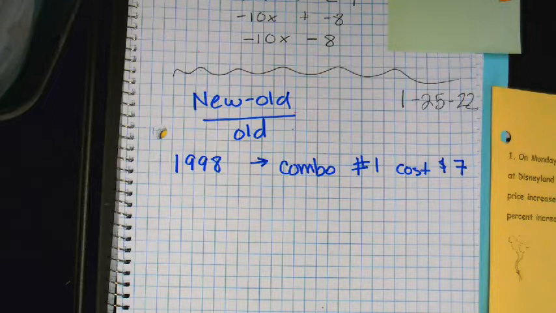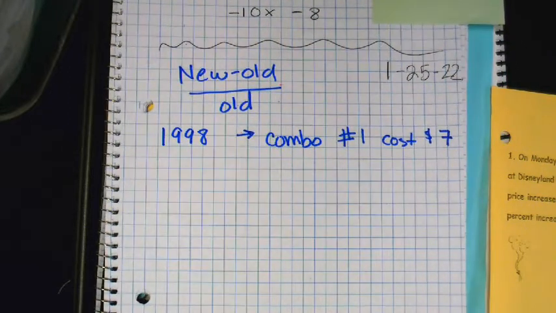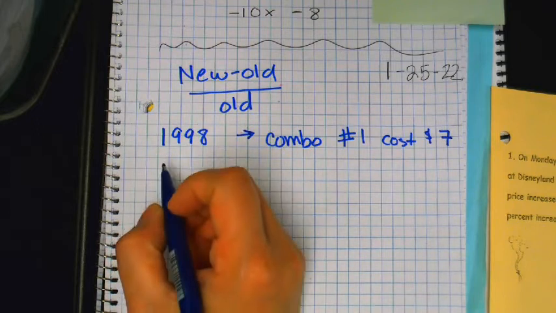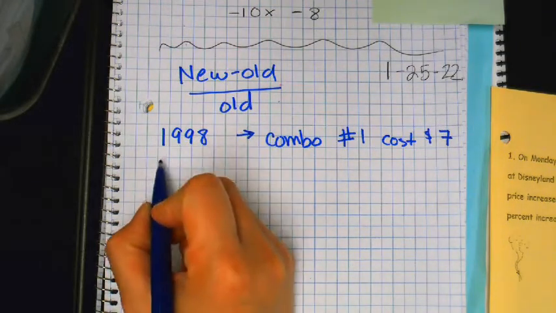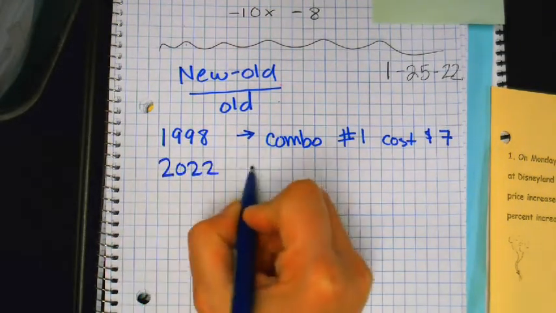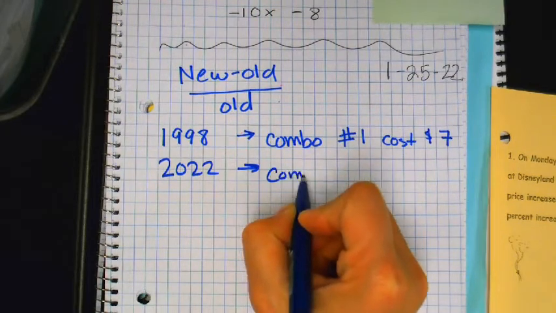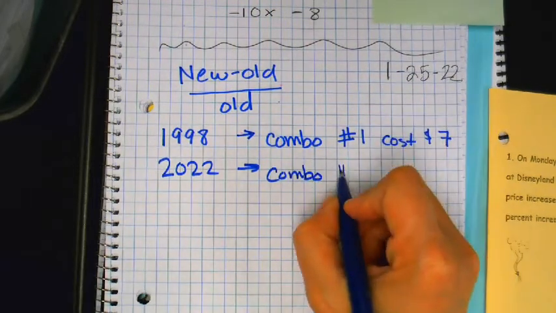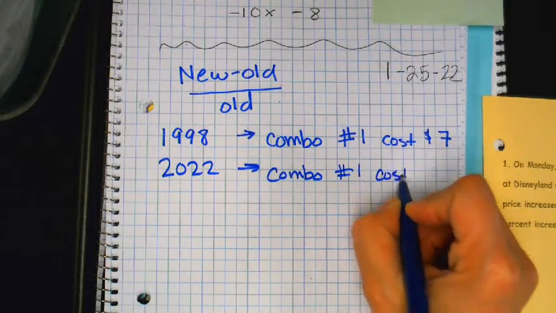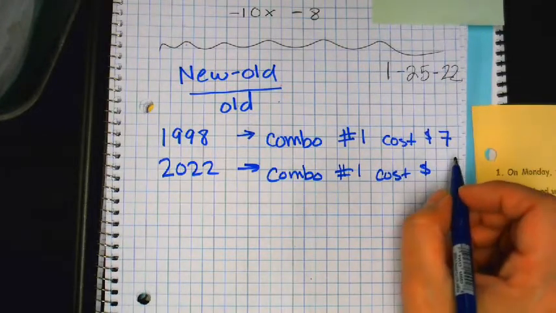Combo number 1, a Big Mac, fries, and a Coke, at the McDonald's. In 2022, the same combo number 1 costs now, let's say $12.